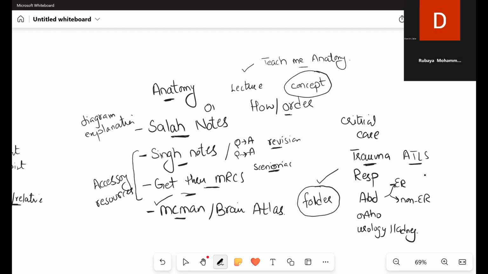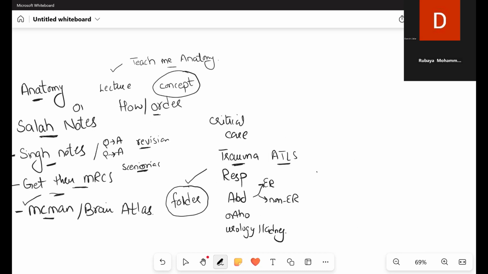In the respiratory part, the important things are the CRISP protocol, the sepsis 6 protocol, the NEWS 2 score. You would definitely be knowing these things better.